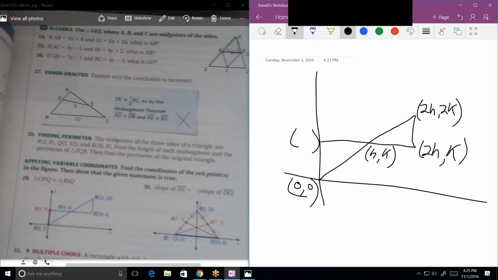And they want the coordinates right there. Well, what's the x coordinate? The x coordinate is h. Oh, sorry, the x coordinate is 0. Okay. What's the y coordinate? That would be just k.